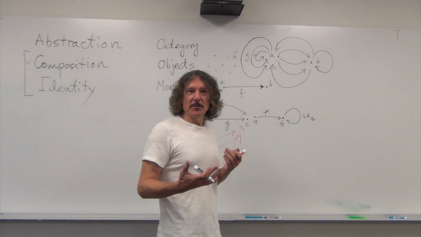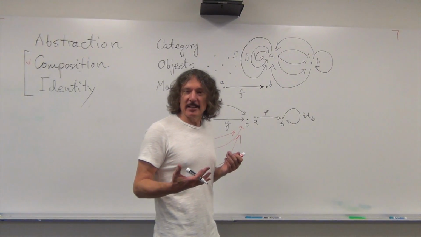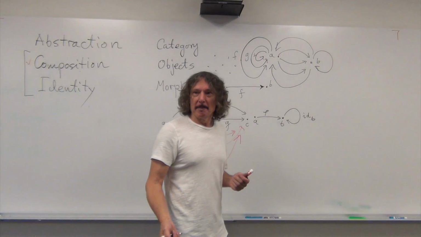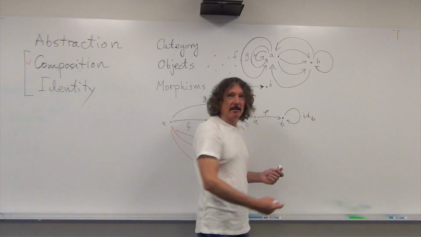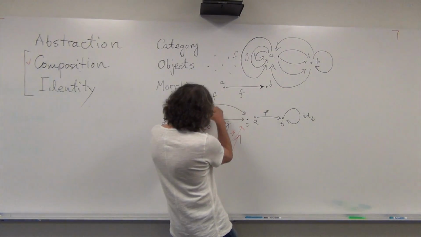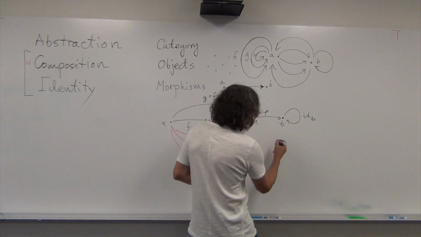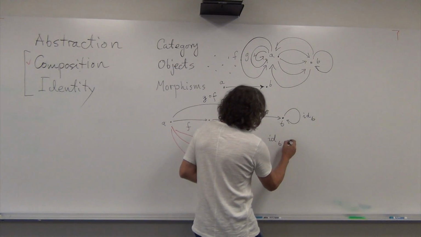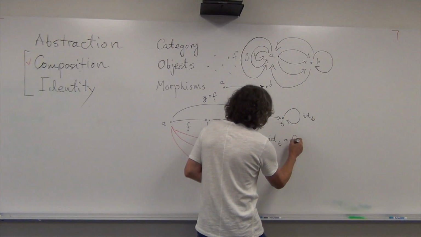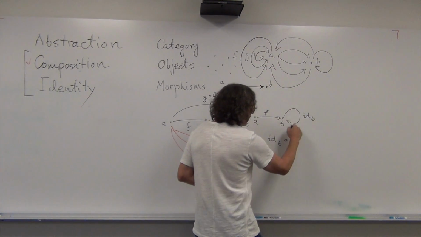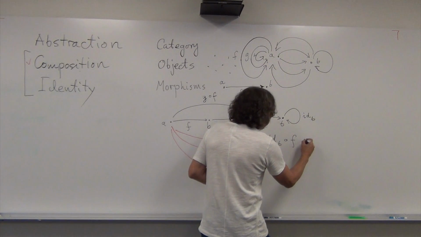If you think of this as a multiplication table, F times ID is again F. So this is like a 1 in terms of composition. I can write it using this notation: ID B after F. So first I go F, then I go IDB. It's the same as F.